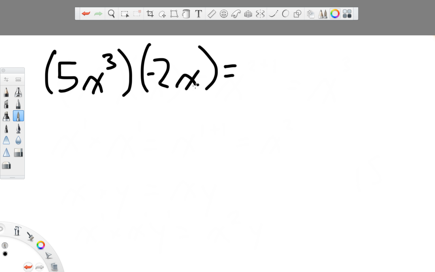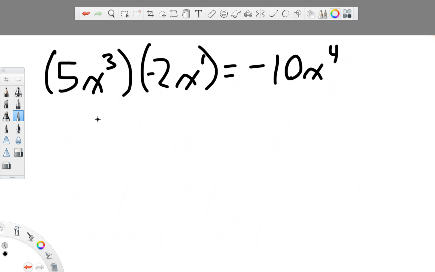We do the exponent thing where we do x to the power 3 plus 1, since there's a 1 here. But we also multiply the coefficients with one another. So negative 2 times 5 is negative 10. And then x to the power 3 plus x to the power 1, 3 plus 1 is 4, so negative 10x to the power 4.